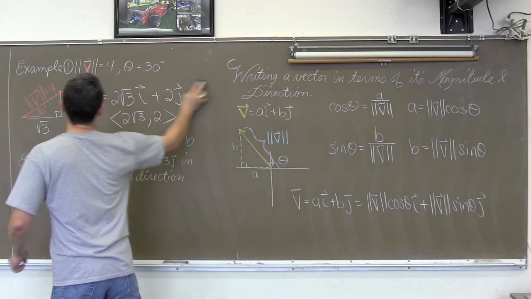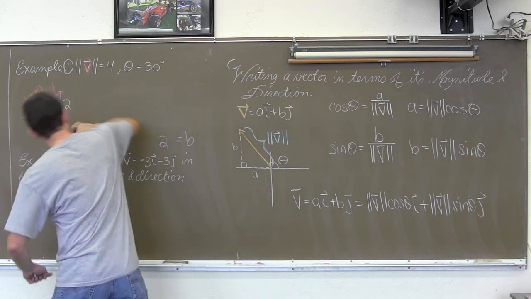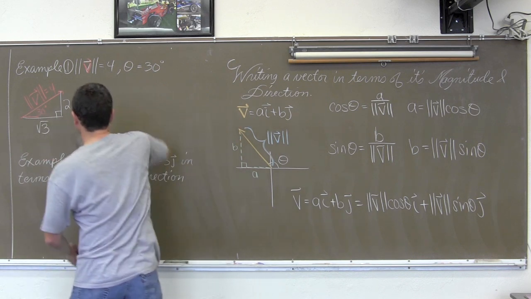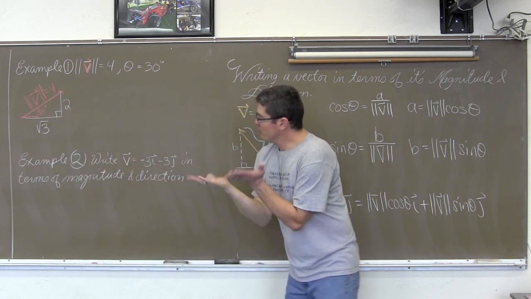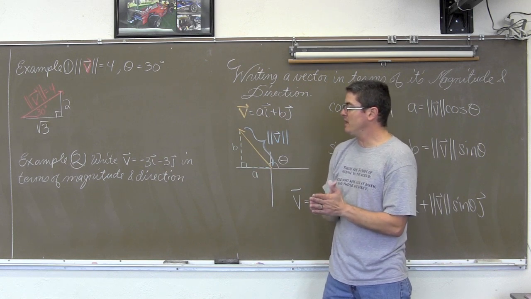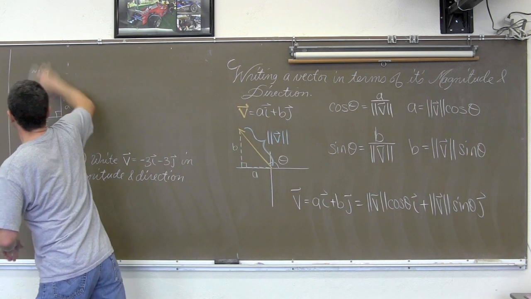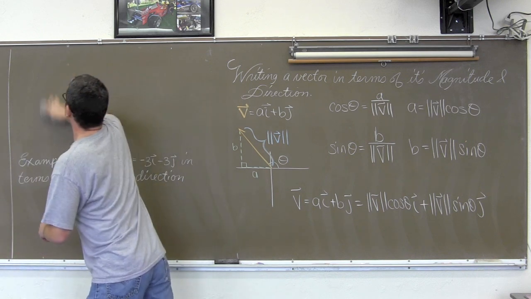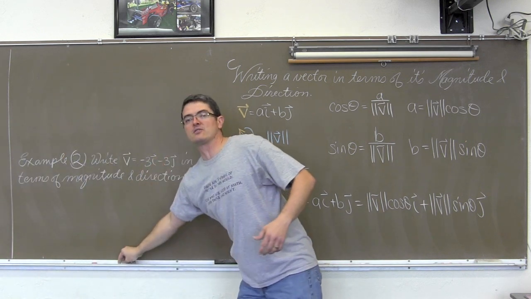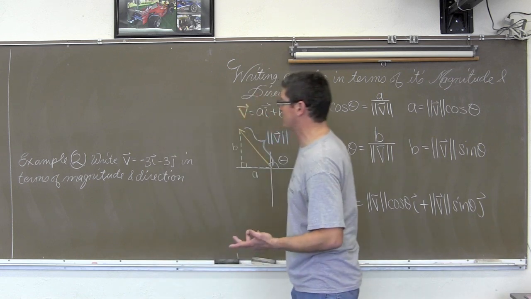Okay, last example. Write v equals negative 3i minus 3j in terms of magnitude and direction. So I want to go in the opposite direction. Sounds like it might be new, we're learning vectors, but we've been doing this now for like 3 chapters.